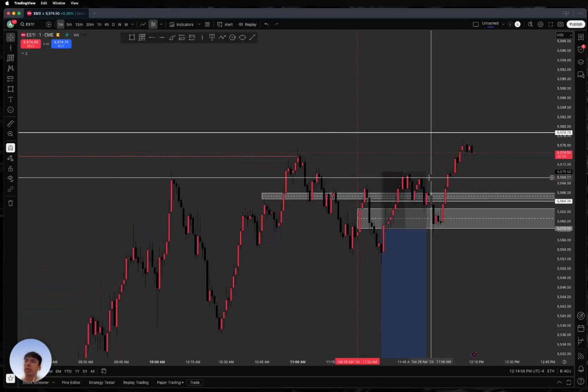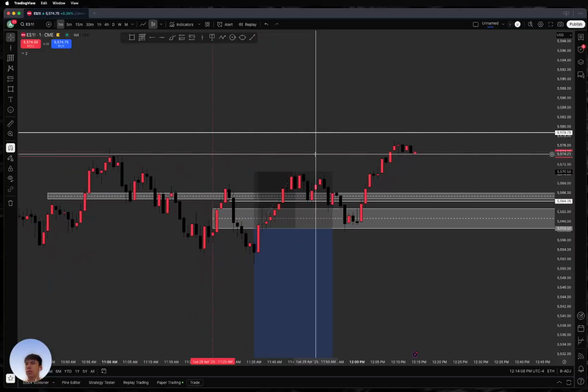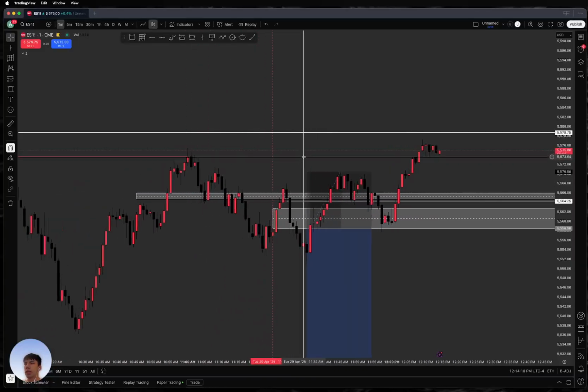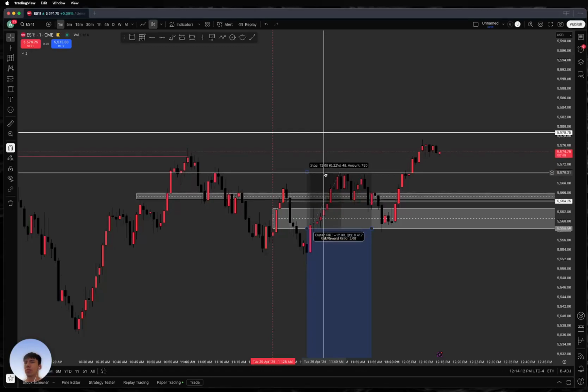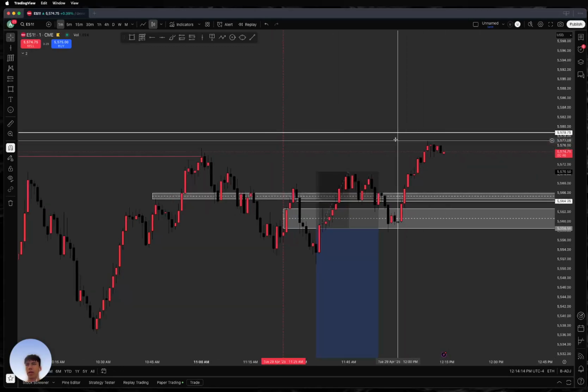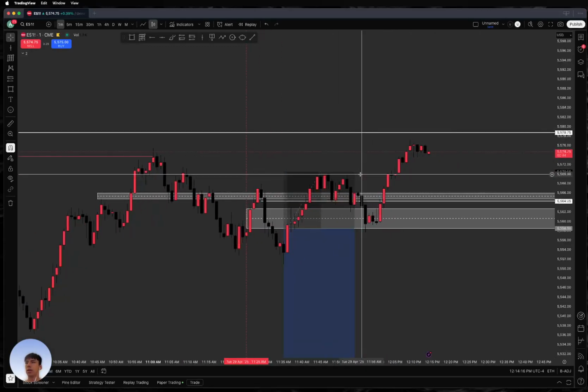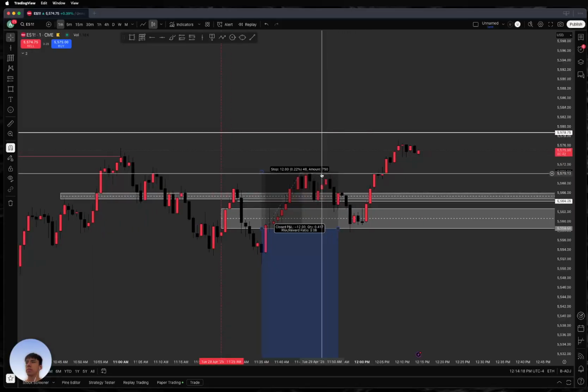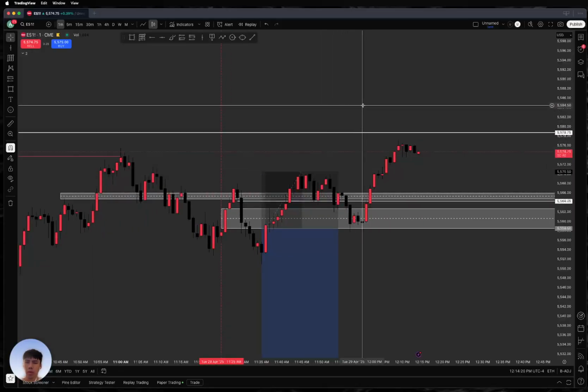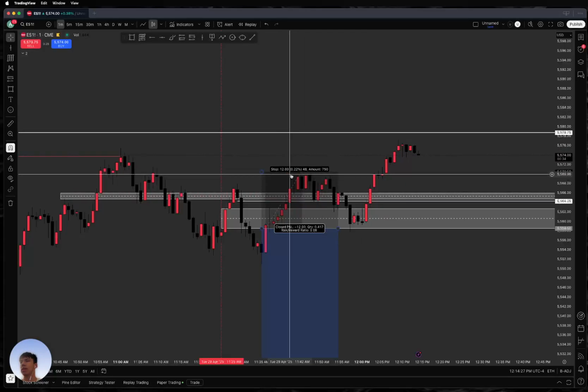So yeah, first loss with this strategy, and it was for some pretty stupid reasons. What we could have done better is we could have had a looser stop loss. This is way too tight.